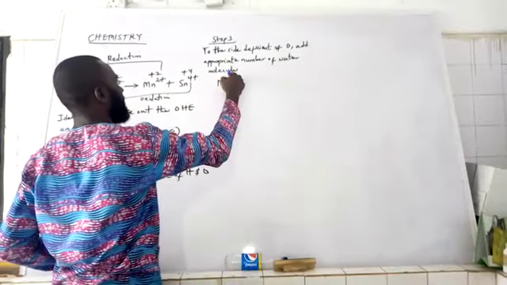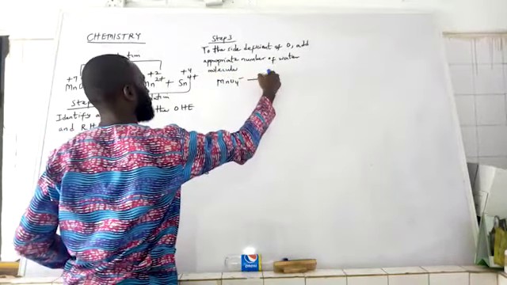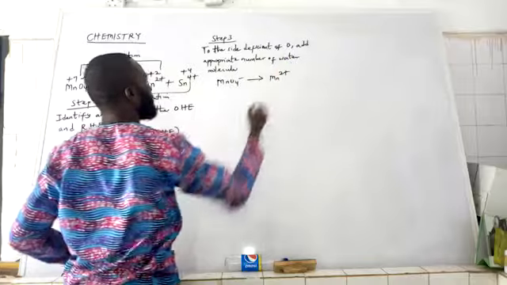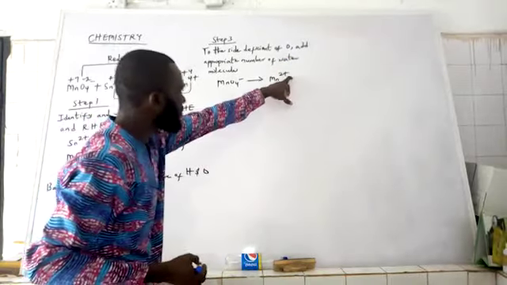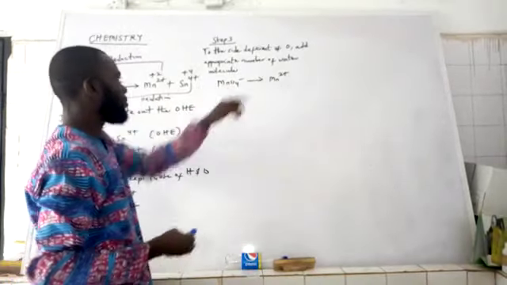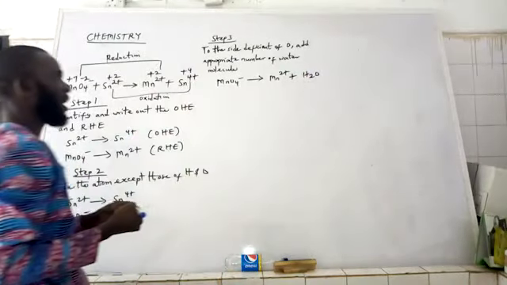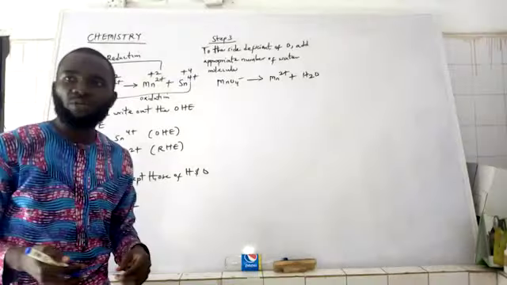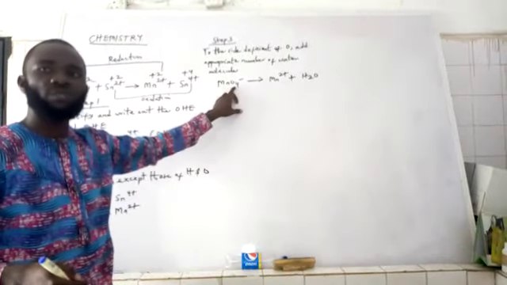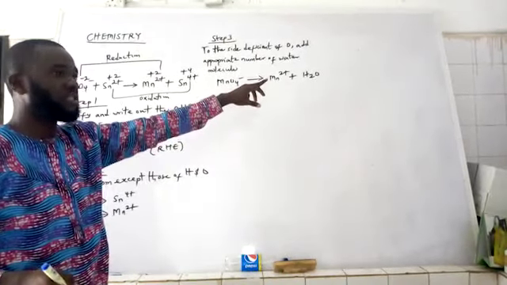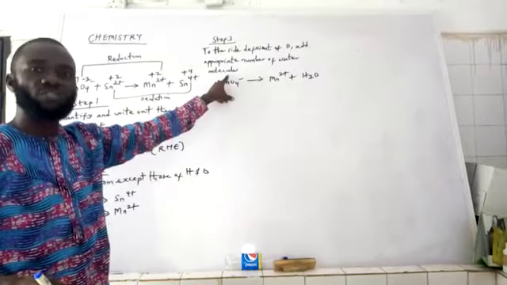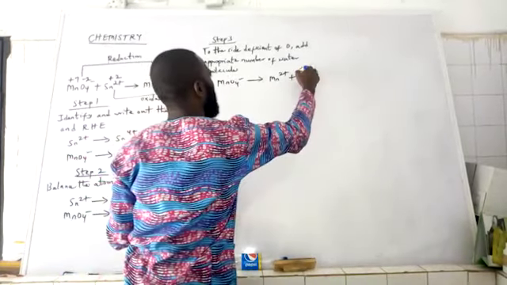I have MnO4 minus going to Mn2 plus. So this side is deficient of oxygen, so I need to add water molecule. But the appropriate number of water molecules is what I need to determine. Of oxygen actually, I have 4 atoms of oxygen, so I have to write 4 here.